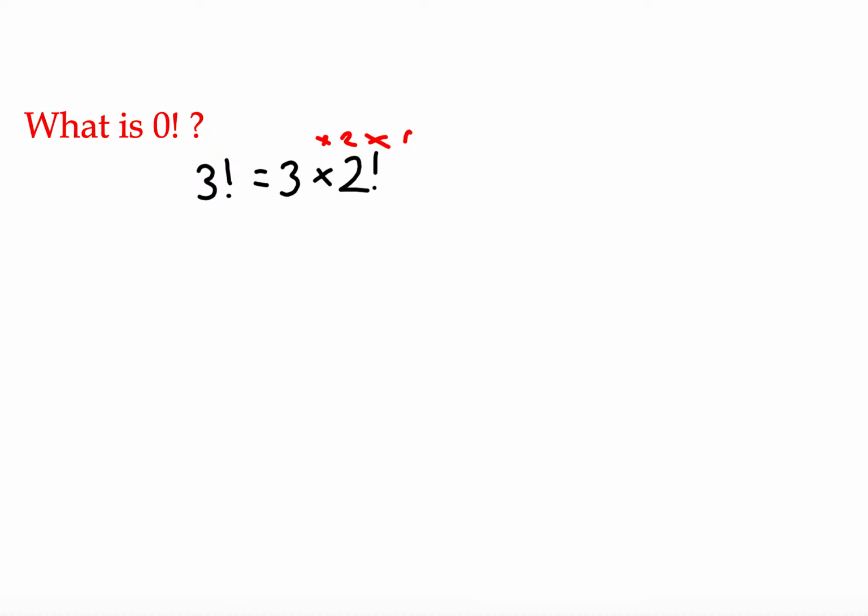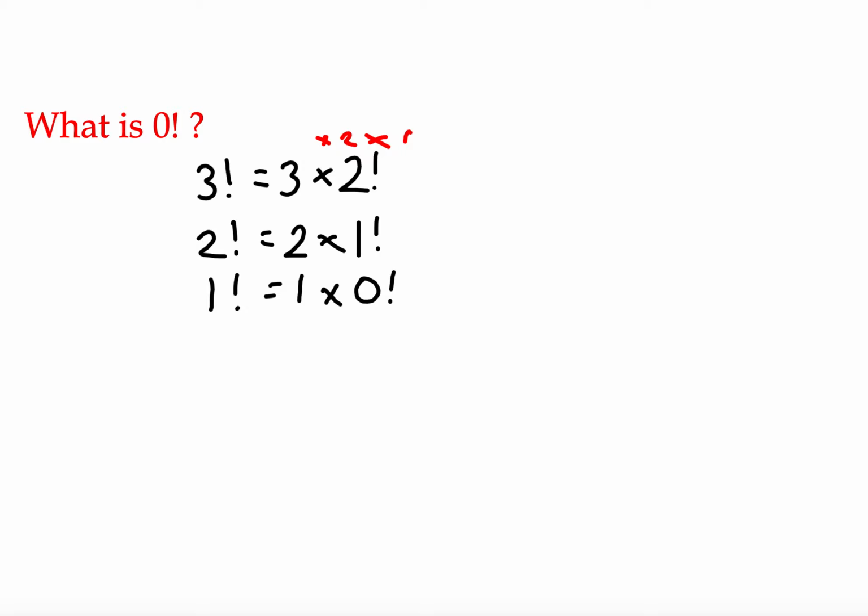In the same way, we could say that 2 factorial is the same as 2 times 1 factorial: 2 times the one below it factorial. 1 factorial is just 1. And it means that 1 factorial, which we know the value is 1, has got to be 1 times 0 factorial in theory.